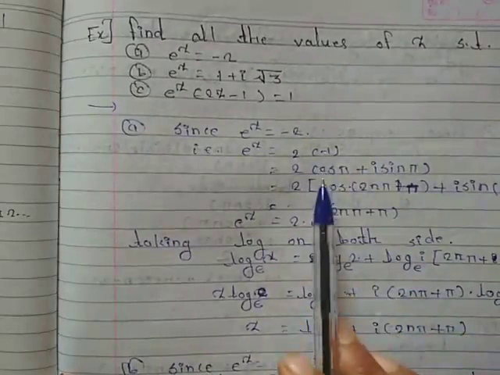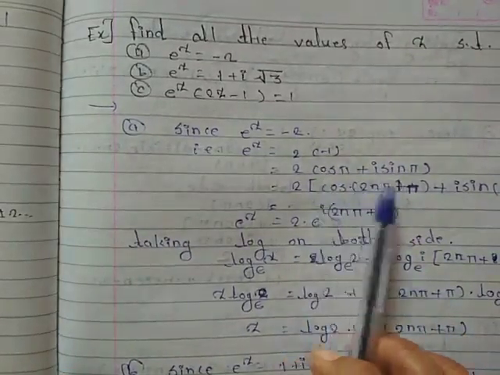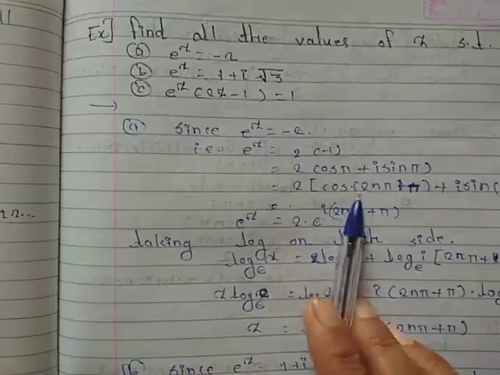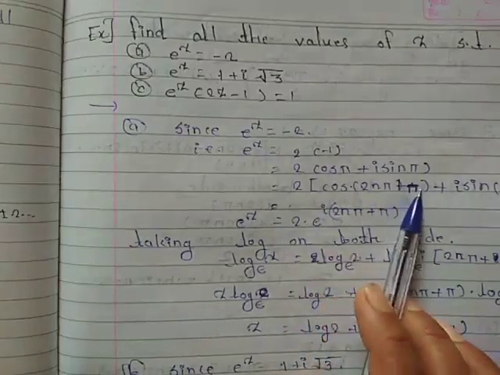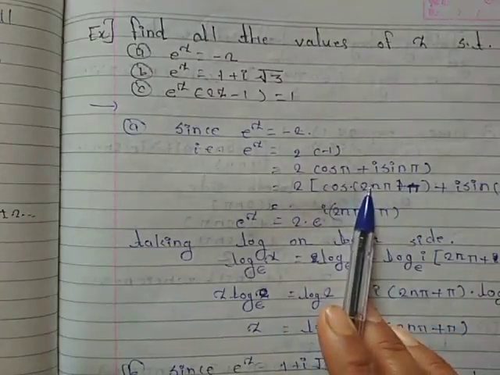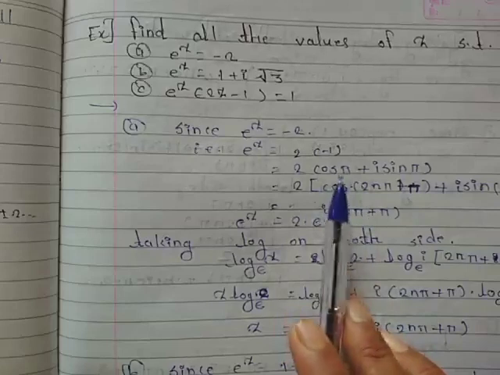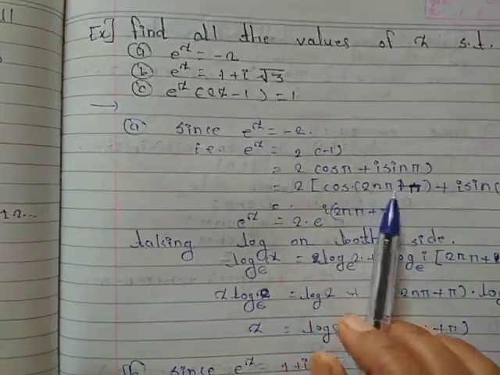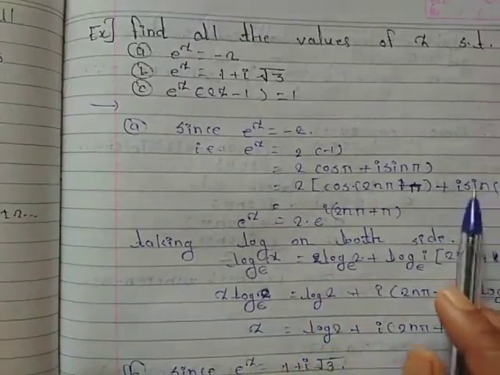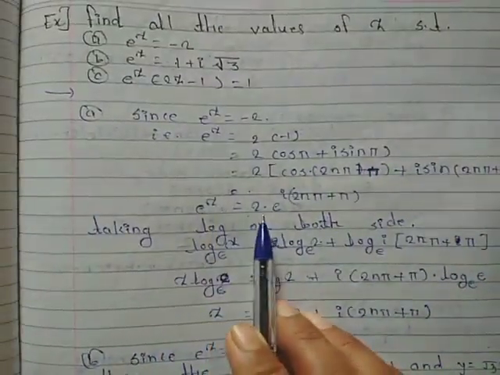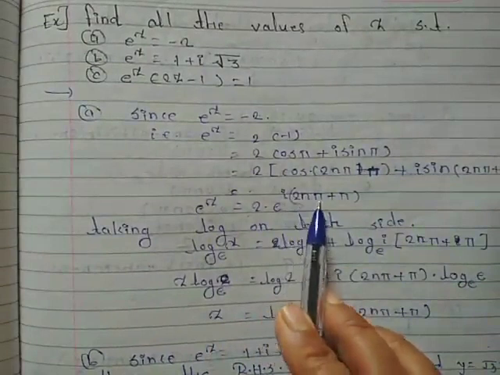Minus 1 can be written as cos pi plus i sin pi, so this is 2 into cos of 2n pi plus pi, because 2n pi is a period of the cos and sin functions. That's why we can write cos 2n pi plus pi plus i into sin 2n pi plus pi. So e raised to z can be written as 2 into e raised to i into 2n pi plus pi.